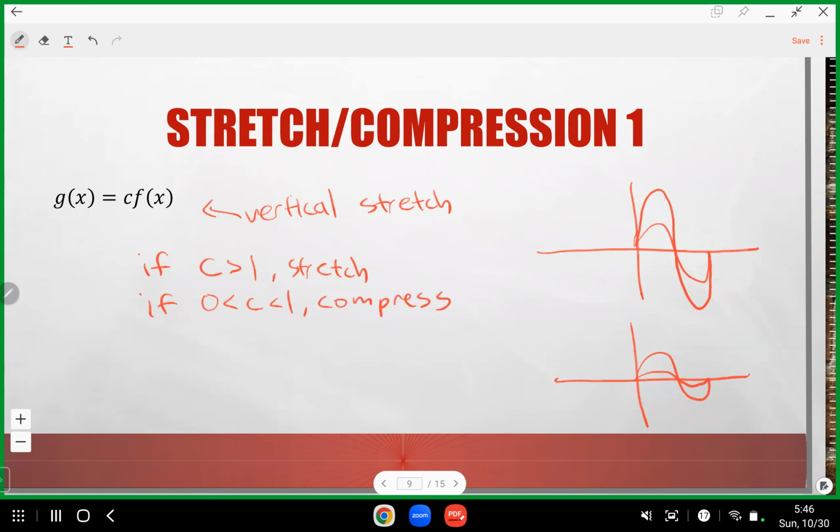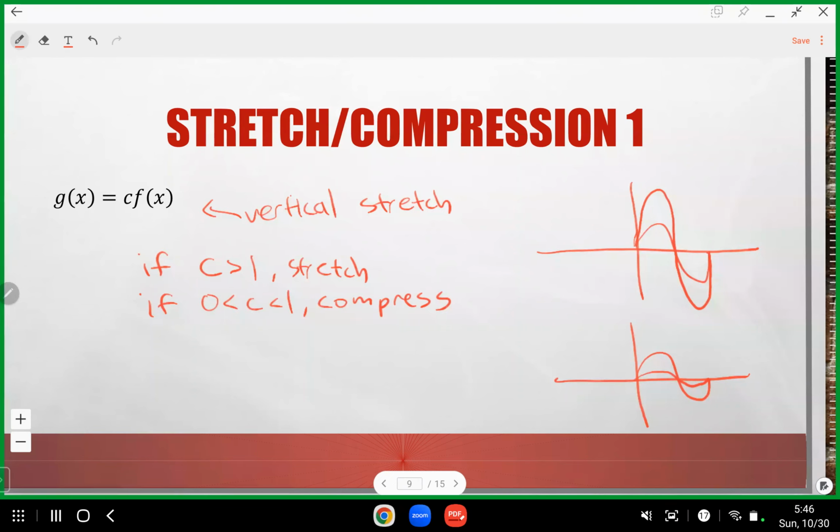Then we compress the y value. If it's greater than 1, we stretch it. Now, obviously, if it's 0, well, there is no y value anymore, right? There's no function because we multiply 0 to everything. 0 just ruins everything. And of course, if it's just equal to 1, nothing happened. You're multiplying 1 to something. It's still going to equal that same something.